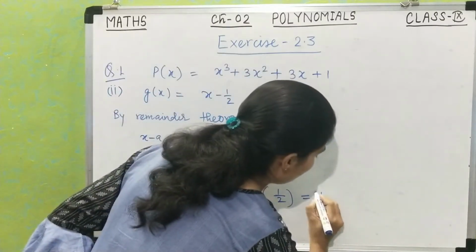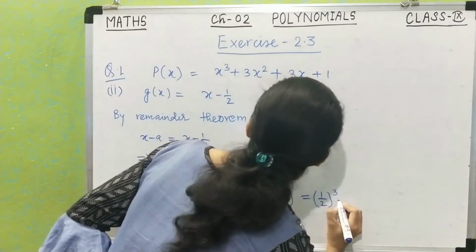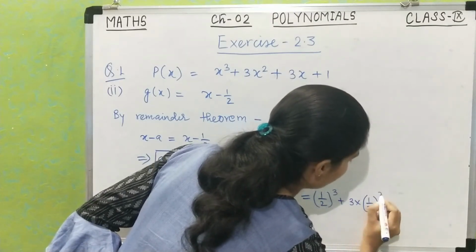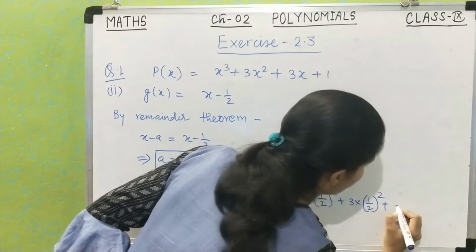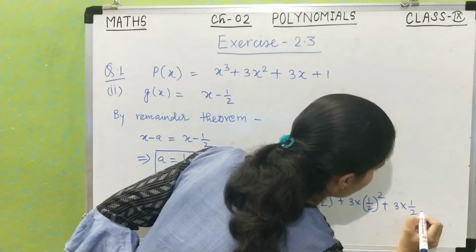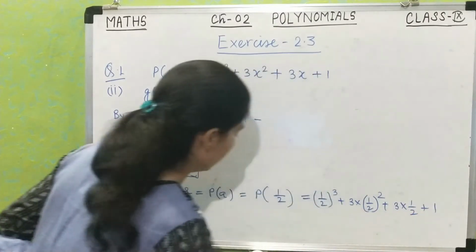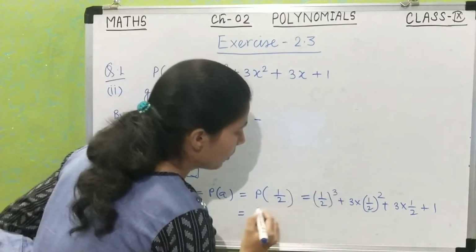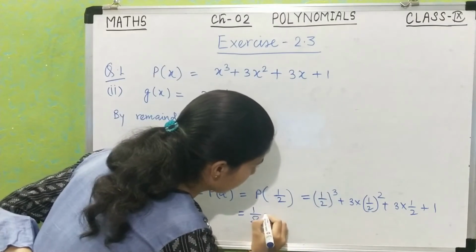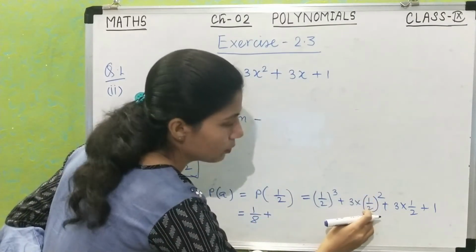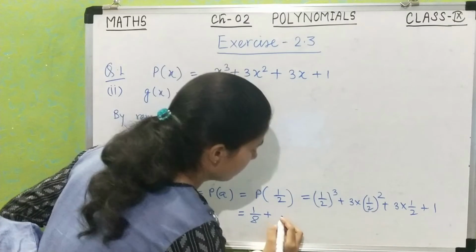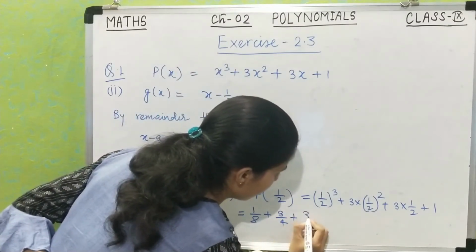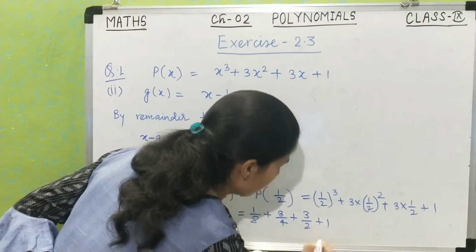1 upon 2 whole cube plus 3 into square of 1 by 2 plus 3 into 1 by 2 plus 1. Now see, cube of 1 by 2 is 1 by 8, plus square of 1 by 2 is 1 upon 4, so 3 upon 4, plus 3 upon 2 plus 1.